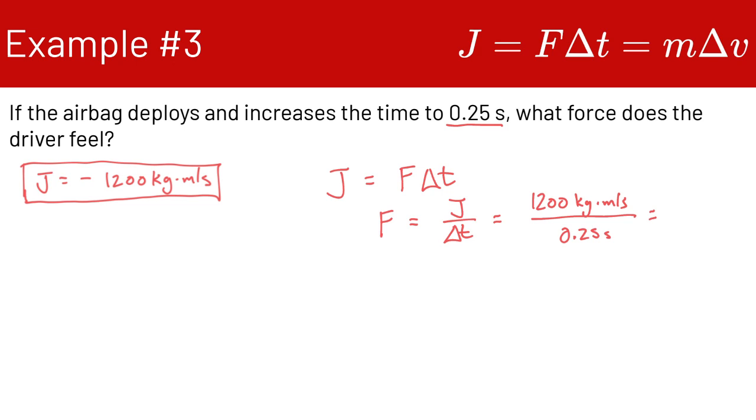Let's see what the difference is. That brings our force to 4,800 newtons. If we compare 4,800 and 120,000, it's about 1/25 of the force. So by deploying an airbag, the driver feels 1/25 of the amount of force in that collision, which is exactly why we use airbags.